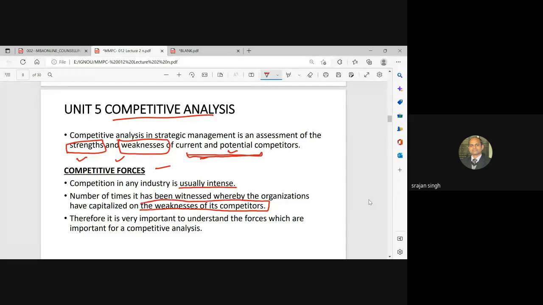There are various examples where company one or business one tried to capitalize on the weakness of company two or business two, because the weakness of a business could be an opportunity for the other business. Therefore, it is very important to understand the forces which are important for competitive analysis.